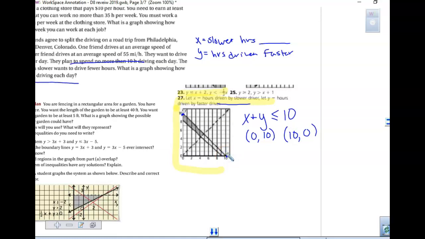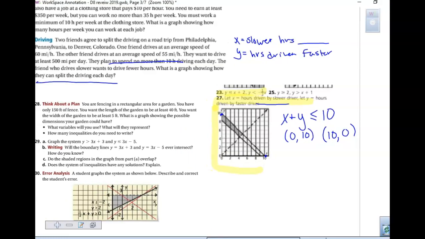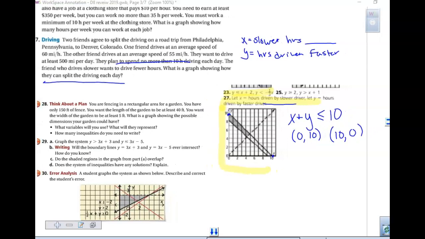Next thing, if we are looking at the problem, it says that they want to drive at least 500 miles per day, right? So if we're going at least 500 miles per day, the question is, could we go 600, 700? So when I was looking at this one, where's Ava? We were doing this one, it should have been greater or equal, right?